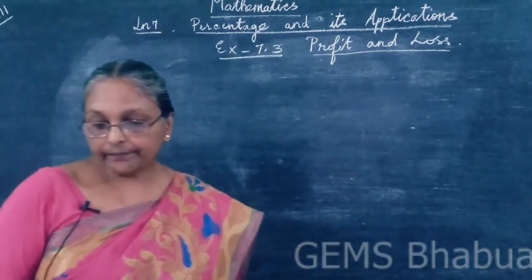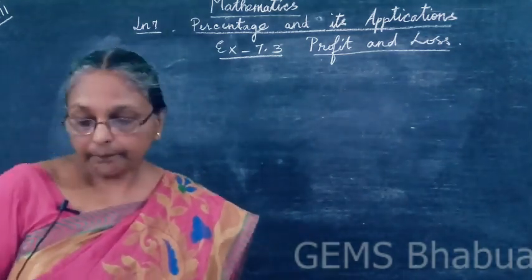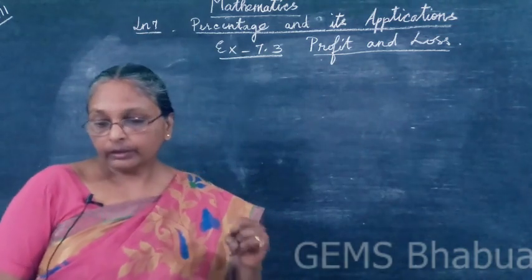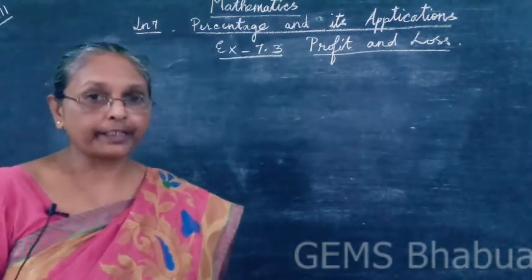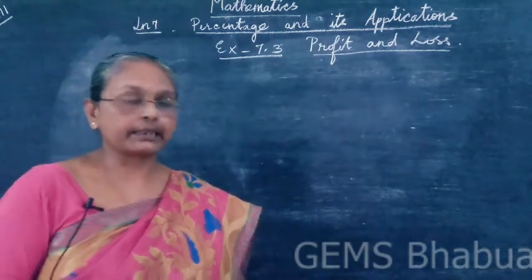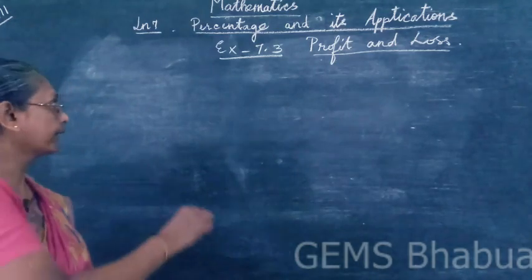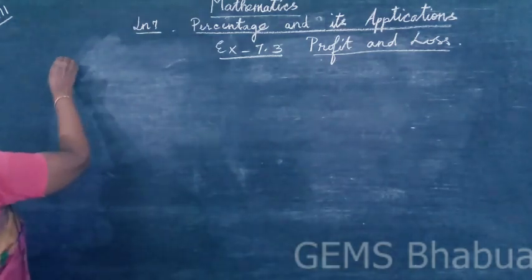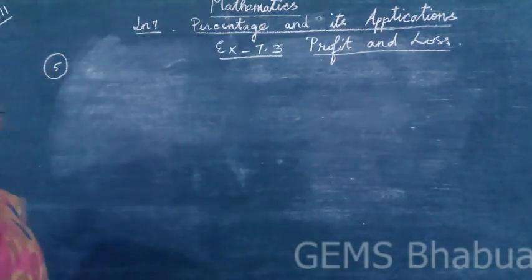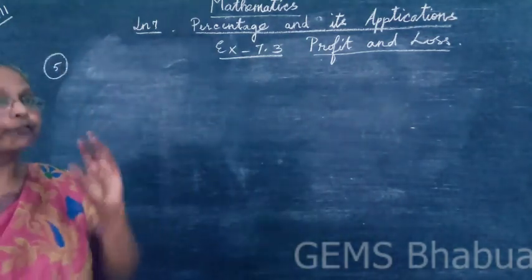So what are we given in this sum? The information given are, first, we are given the cost price of 24 tables. Each table costs rupees 450, and there are 24 tables.